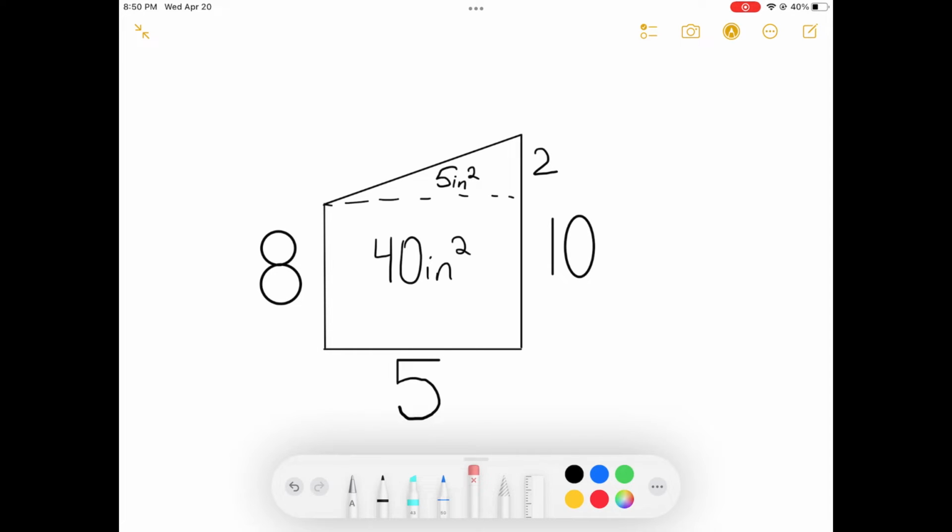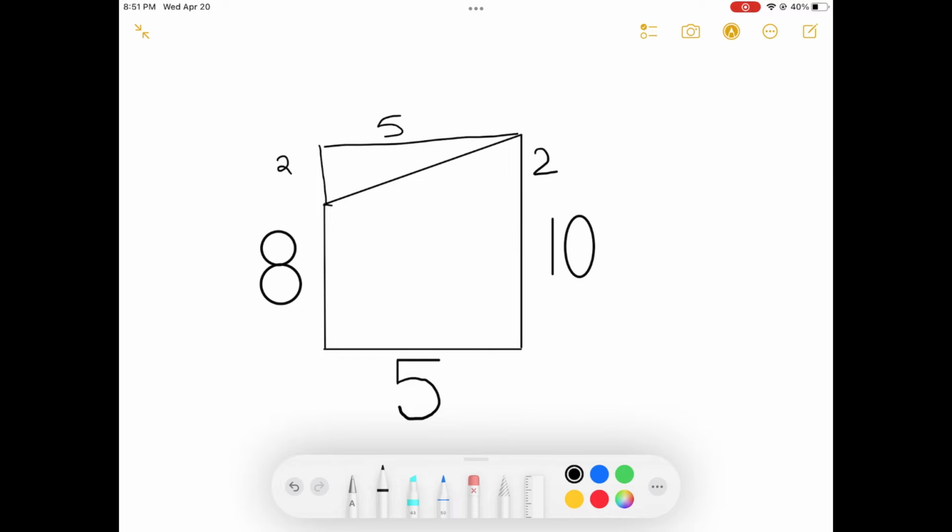Now let's clear this out and try the other strategy. So let's draw in the missing triangle piece now. Okay, there we go. And now we know that the top part is 5 and the side is 2.